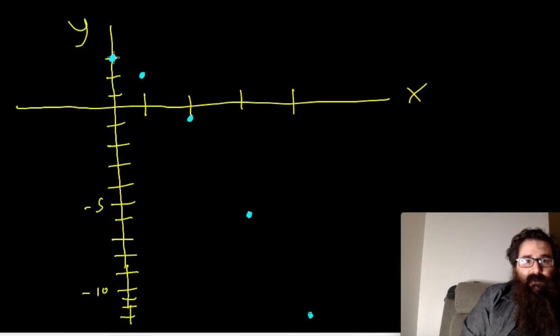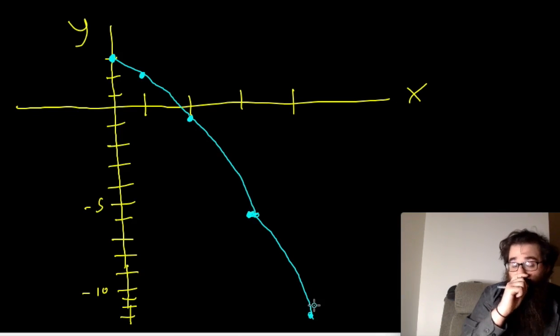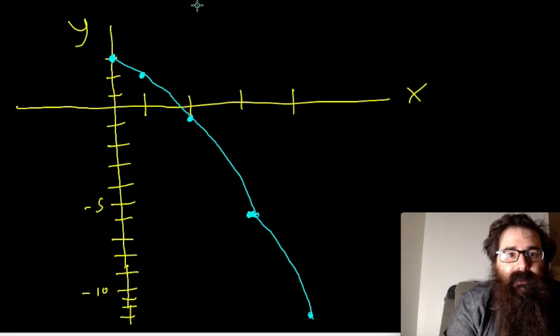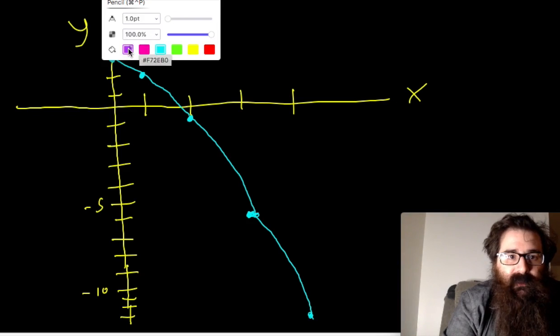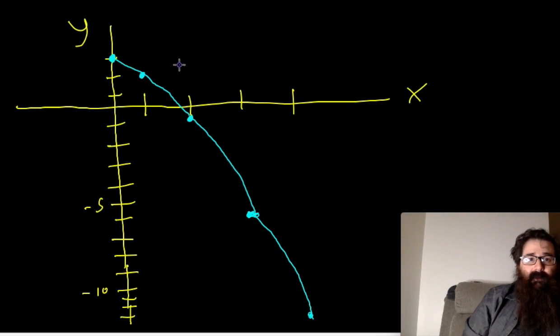And then connecting with a smooth curve. Oh, well, gotcha. Let me get a curve that looks like this. Should look a bit more nicely rounded with a very pretty concavity to it, but what can you expect with the stylus?